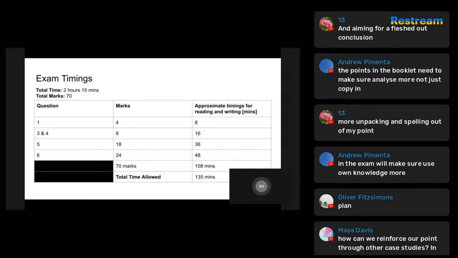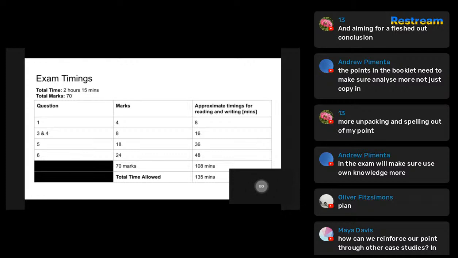That's going to be more mathematical style questions, where they might give you a table to work out an equation or something like that, and maybe answer a question on it. Okay, so just be aware of that. And then questions 5 and 6, this is where the lion's share of your time should be spent. Question 5 is going to be 18 marks, and you should probably spend just over half an hour doing that question.